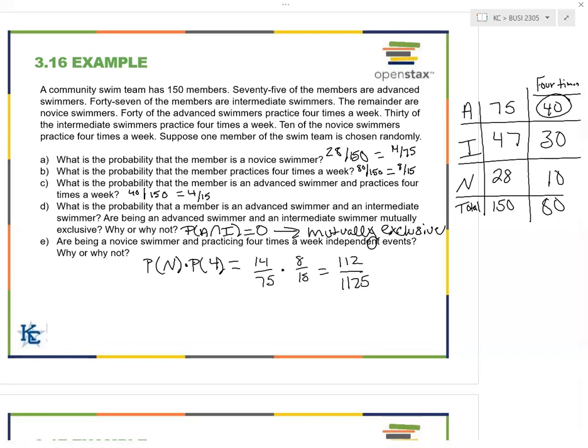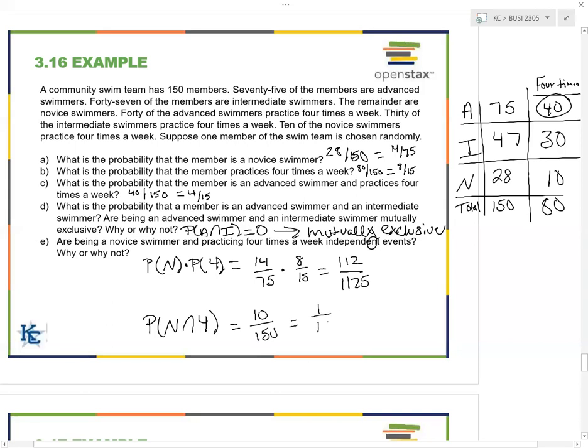Okay, and then we can find the probability of novice intersect 4. We had 10 out of a total of 150, so that's 1/15.